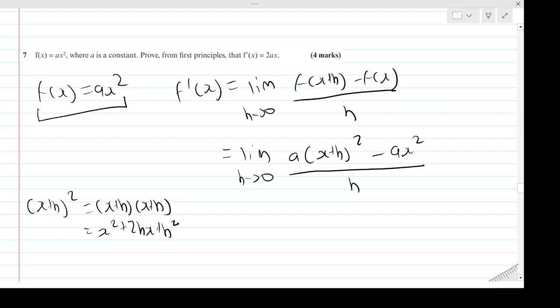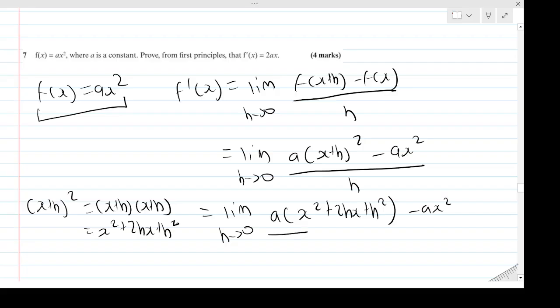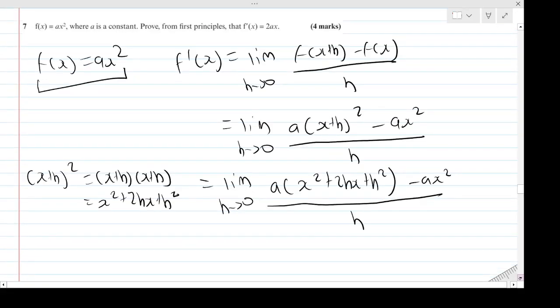So then I can substitute that in, right? So my limit as h tends to 0 of a lots of this. So it's going to be a lots of x squared add 2hx add h squared minus ax squared all over h. And then I can further expand this then, right?